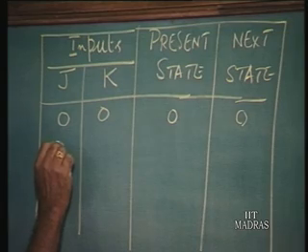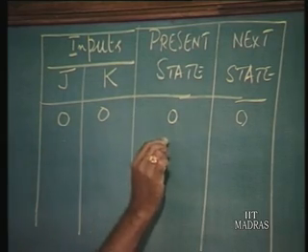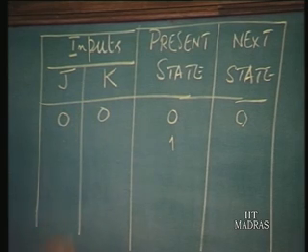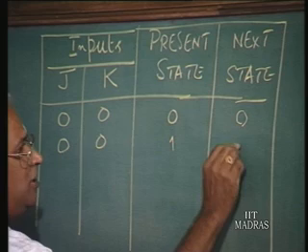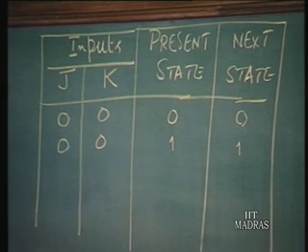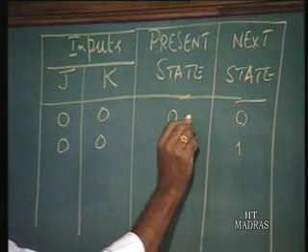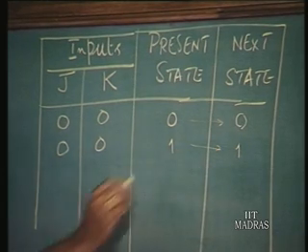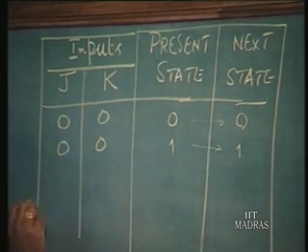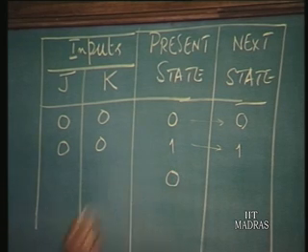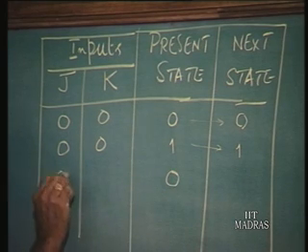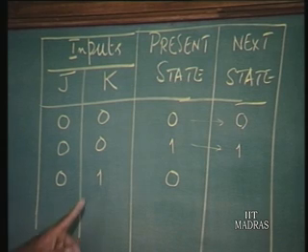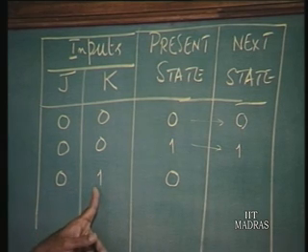On the other hand, if the present state is 1, then with J and K both 0, the next state continues to be 1. In other words, there is no transition. This is what it means. Now, if the present state is 0, and if you have K input as 1, I said K is something like reset.